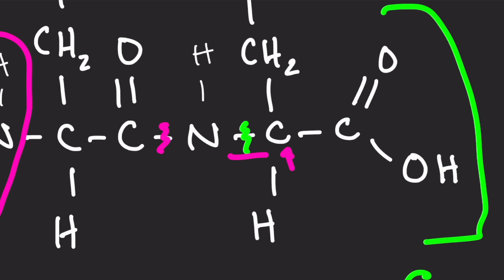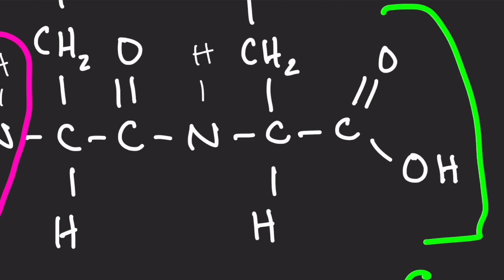It's not double bonded to an oxygen. So that means it's not part of a different amino acid. It's part of the same one. That's the alpha carbon. This one, on the other hand, has a carbon that's part of a carbonyl because it's double bonded to an oxygen. That means that was once a carboxylic acid of a different amino acid. There's our peptide bond.